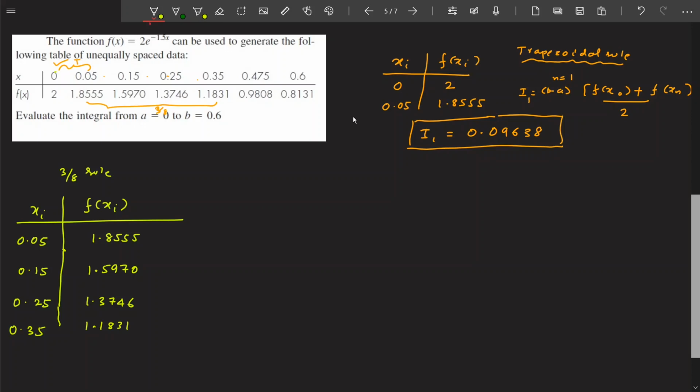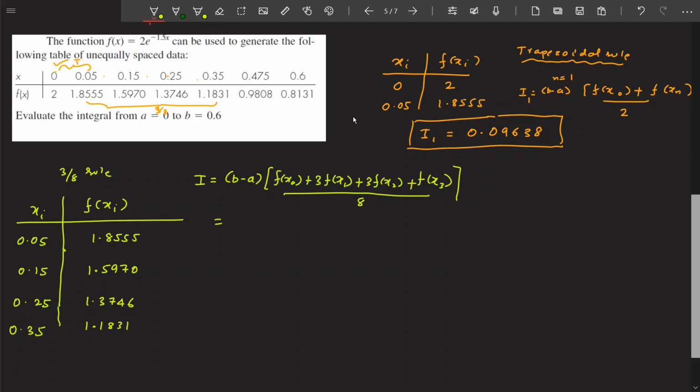Okay, so what is the formula for the 3/8 rule? The formula for the 3/8 rule is b minus a. Can you guys guess? Yes, 3 of fx1, fx2, fx3, divided by 8.